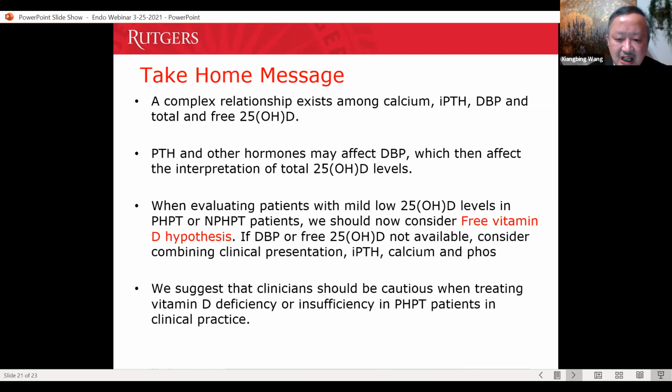We also suggest in clinical practice that you be cautious in treating a low vitamin D level in a primary hypoparathyroid patient, especially a patient with really low vitamin D but a high calcium. If you treat the low vitamin D with vitamin D, it may increase the chance of hypocalcemia and also of kidney stones.